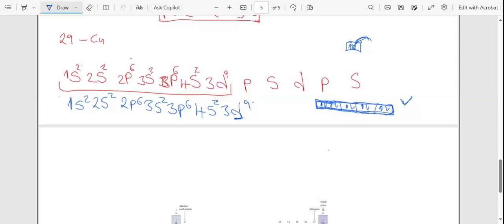So 1 electron will go there to feel the d half-filled effect. The d orbital is half filled.